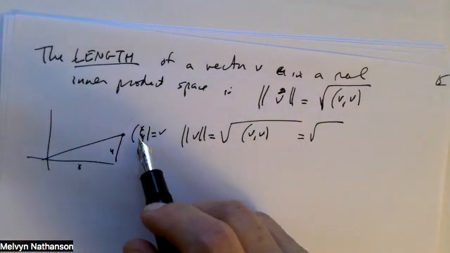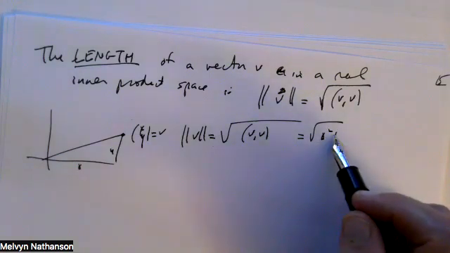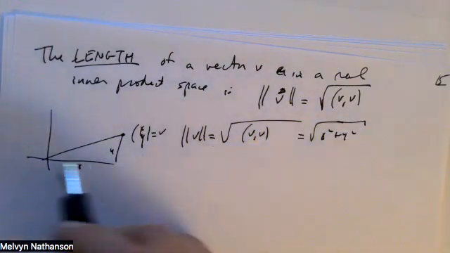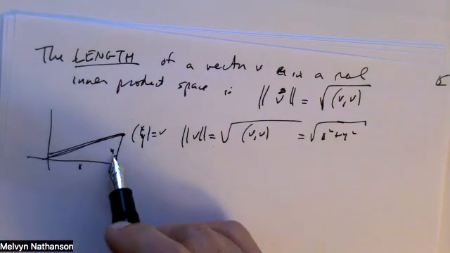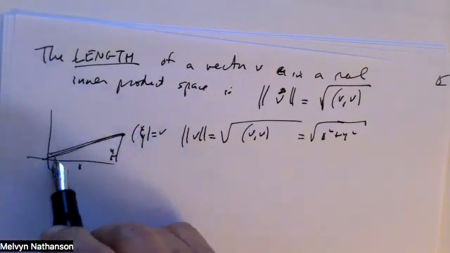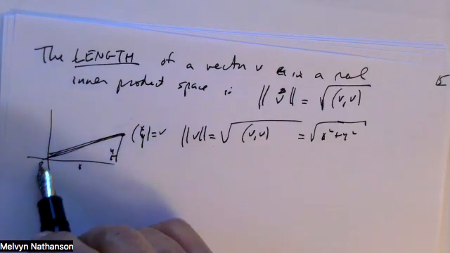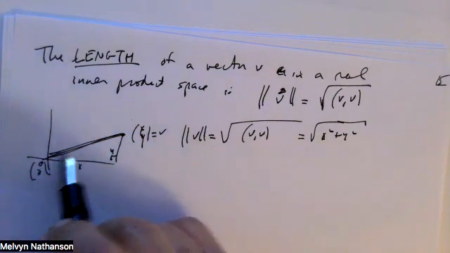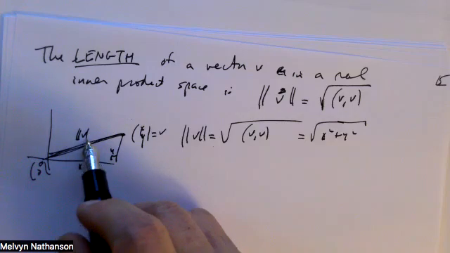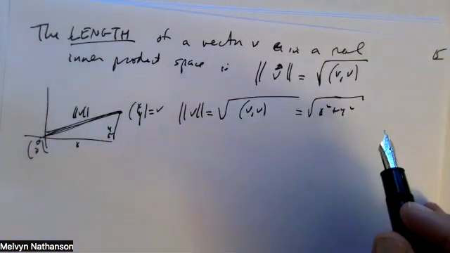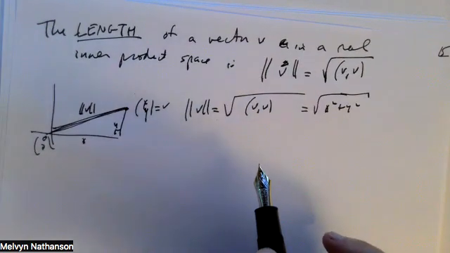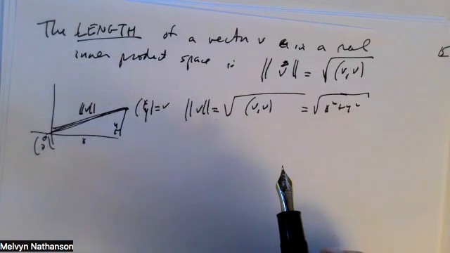The inner product of the vector xy with itself is x squared plus y squared. That's exactly the length of this hypotenuse, which is the distance from the origin to the vector. So this definition of length coincides exactly with what we think of as lengths for vectors in the plane.